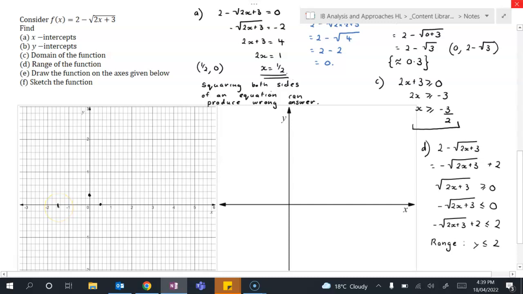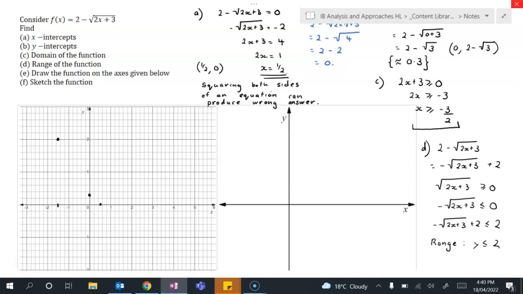That's where my function is going to start. When x is equal to minus 3 on 2, 2x plus 3 is 0, and so my function will be just 2 take 0. And so the highest point will be there, and it will be coming down from there. Now that fits with the range being less than or equal to 2. So that's good.